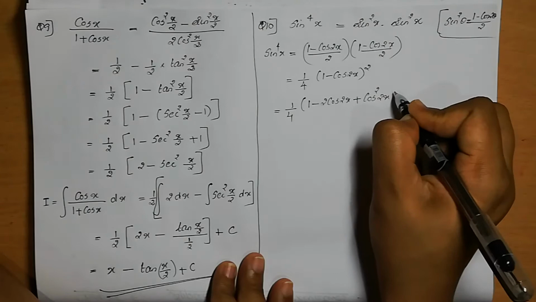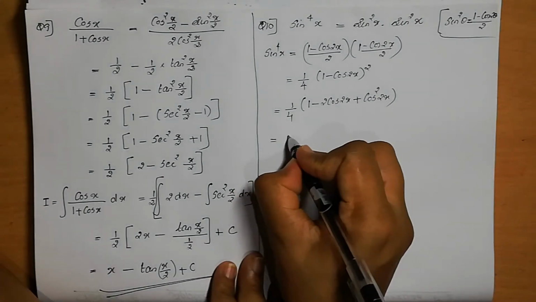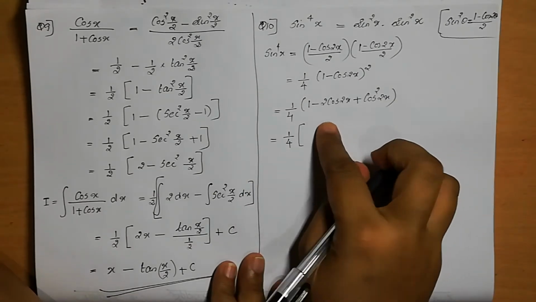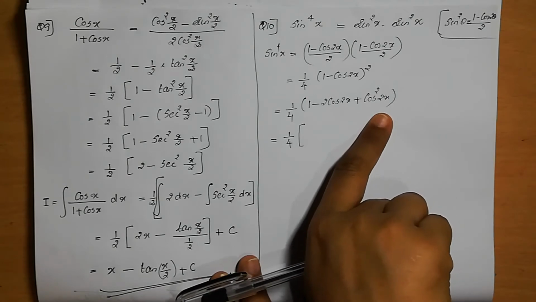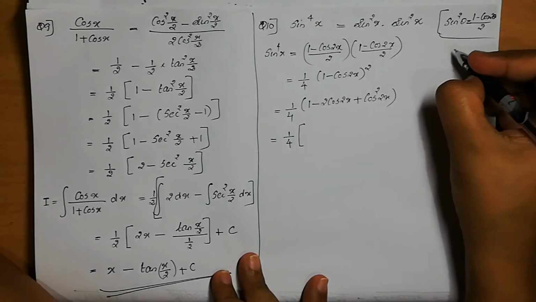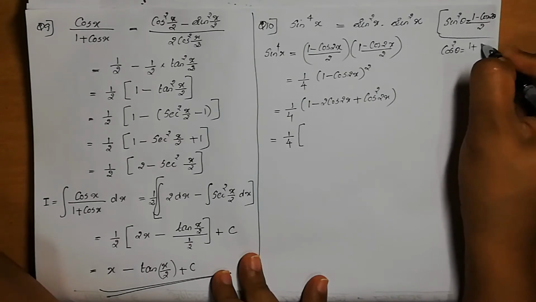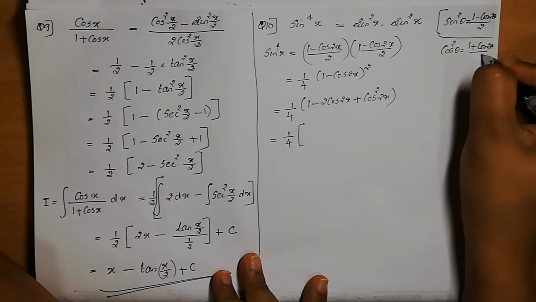Cos square 2x we can write. So this one we can write as 1 by 4 in bracket. Which one do we need to take? This one, cos square 2x. Cos square 2 theta, how can we write? Cos square theta is 1 plus cos 2 theta by 2 only, right? Cos square theta is 1 plus cos 2 theta by 2.